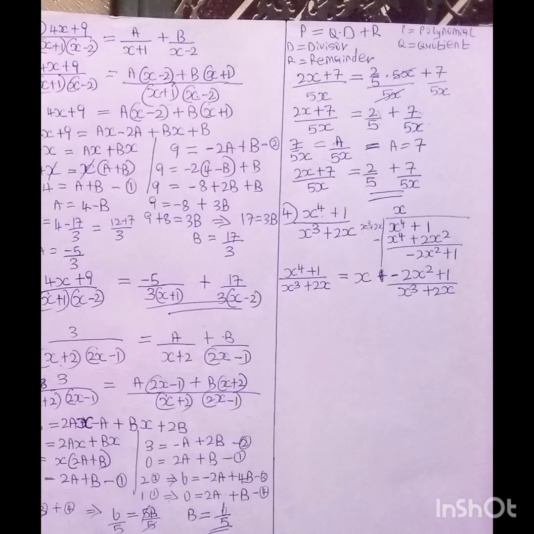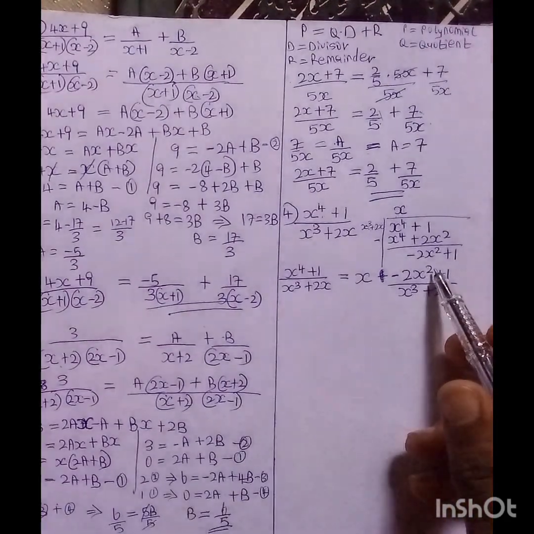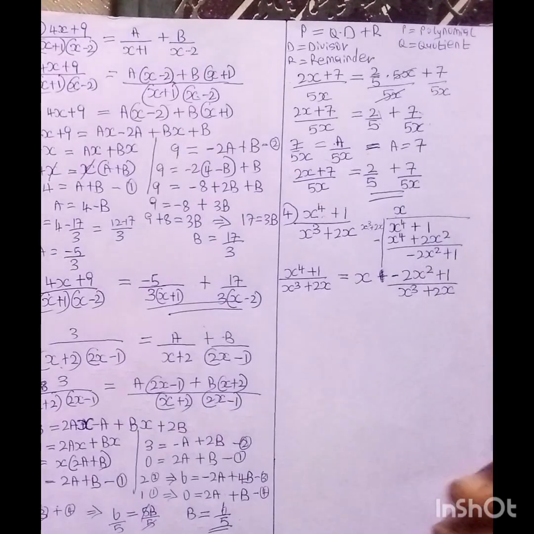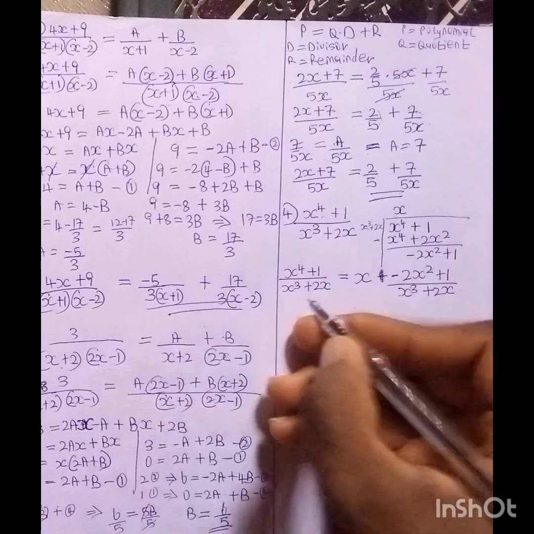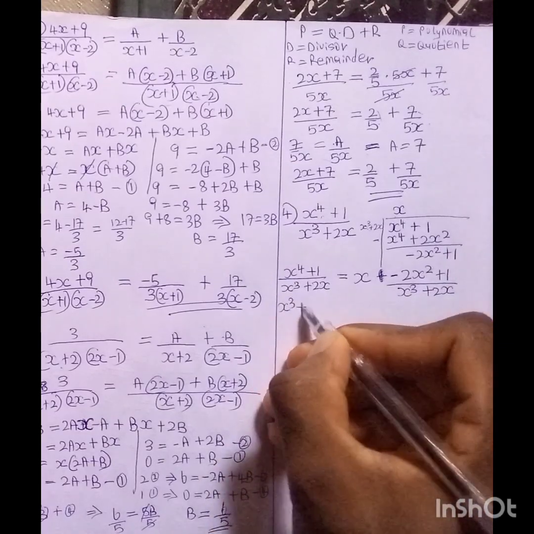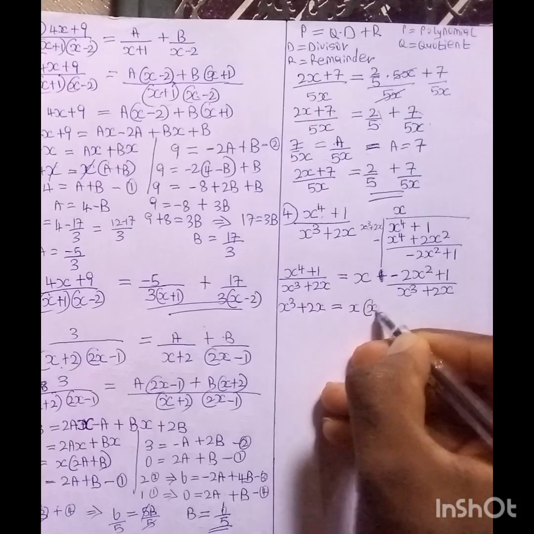So to tackle this other side here, because this one is of the power 2 over 3. But before I say what I want to say, this x cube plus 2x can be written as x times x squared plus 2.